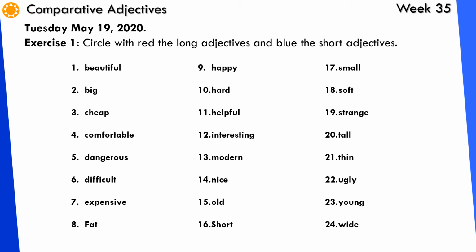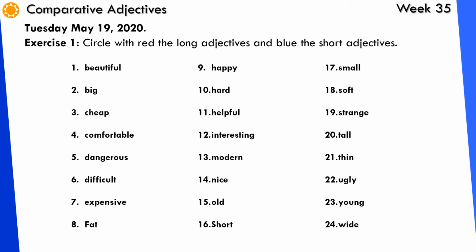Now it's time for the real exercises. This exercise is for Tuesday. Exercise 1. Circle with red the long adjectives and blue the short adjectives. I'm going to help you with number 1 and 2. Number 1, beautiful. Let's check how many syllables beautiful has.